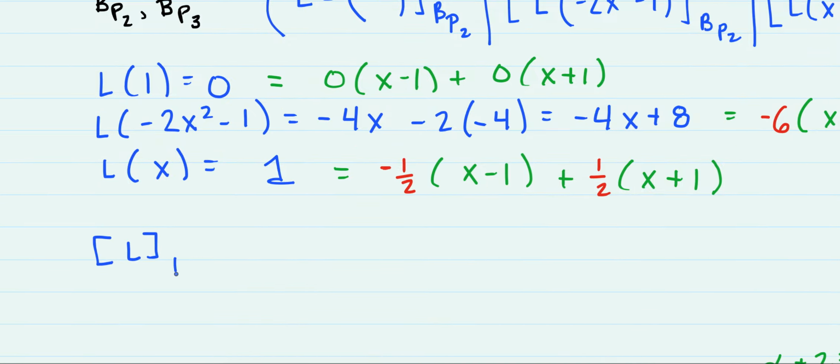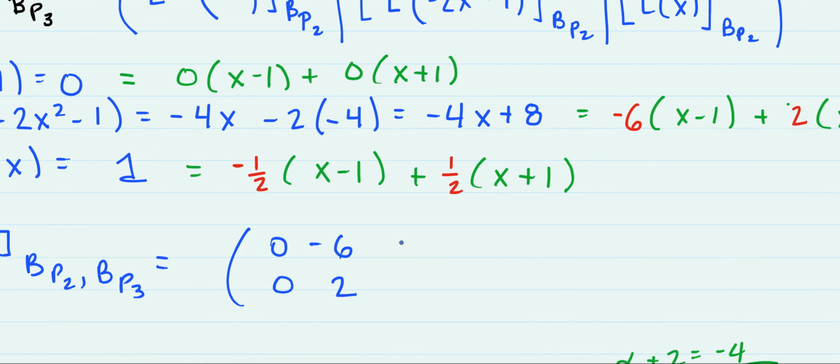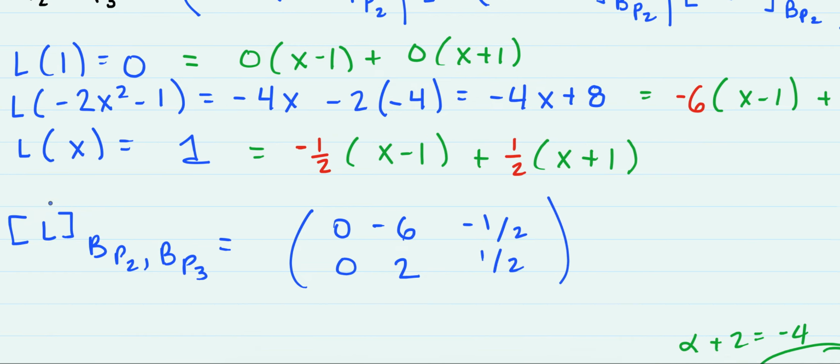L with these bases is 0, 0, and negative 6, 2, and negative 1/2, 1/2. Okay, we're done.